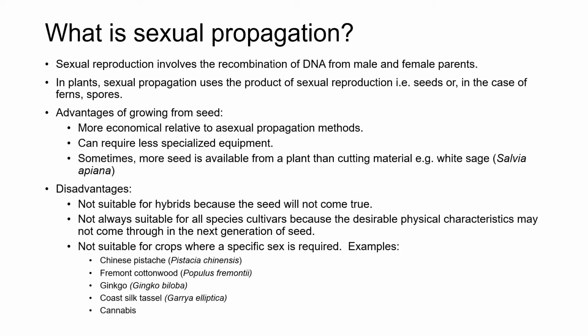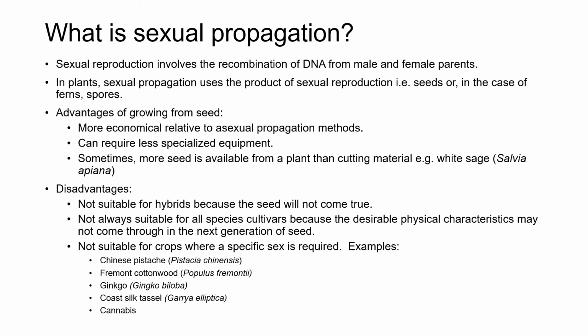Fremont cottonwood, Populus fremontii, produces seed that again is considered messy by city planners, and it's also very allergenic. In ginkgo, the fruit produced by the females is really smelly, so not many people want female ginkgos in their landscape.